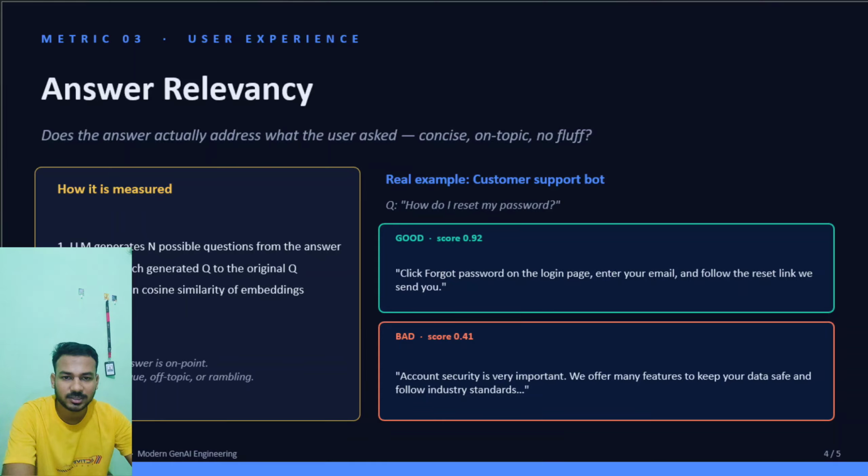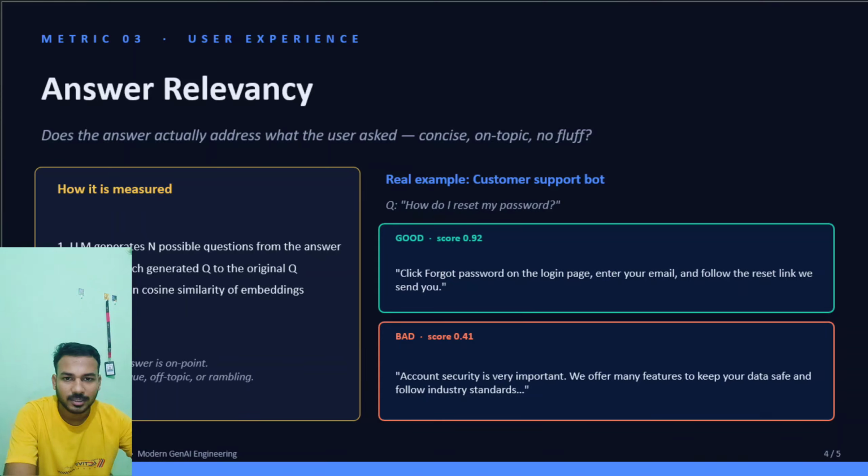How do you measure answer relevancy? The LLM generates n possible questions. Let's say the correct answer is: click forgot password on the login page, enter your email, and follow the reset link we send you. From that answer, the LLM generates n questions and matches them to the actual question, comparing with cosine similarity.